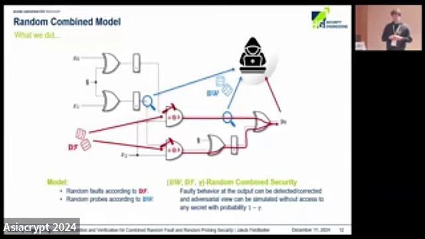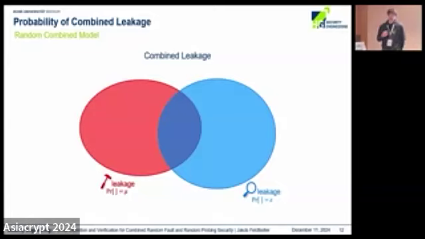However, this already gives us the first interesting point of this definition, because how do we determine this gamma? Ideally the gamma should be the probability that there is some meaningful leakage to the adversary. This is the intersection of the events that there is fault leakage and that there is side channel leakage in the faulty circuit. However, those are not independent, which makes it quite messy to work with them.